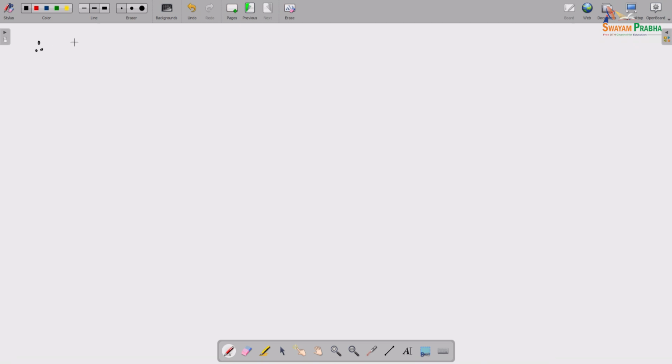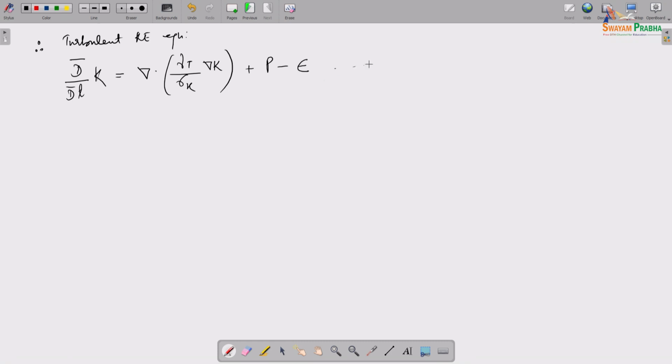Therefore, turbulent K equation is essentially, right, is equal to this, right, and this is essentially the model transport equation for K, right.